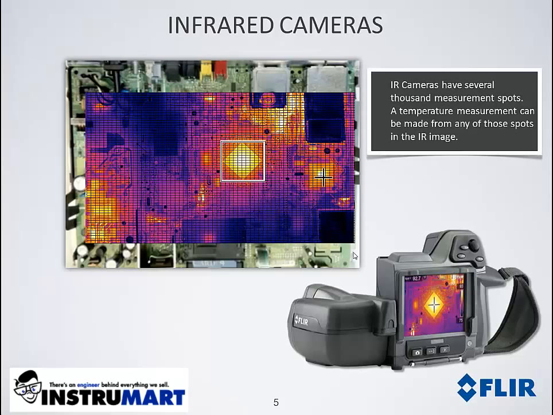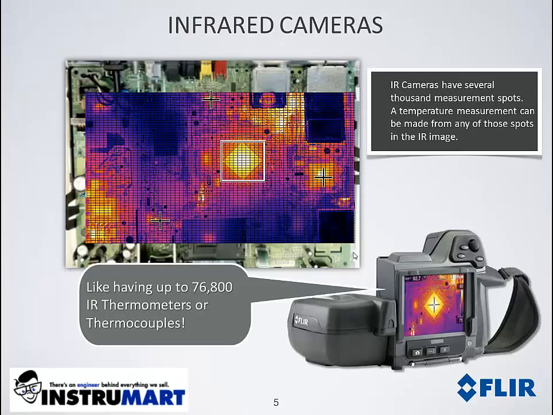I could also use spot tools to display the specific temperature values from any element within my image. In a way, my T420 camera is like having over 76,000 IR thermometers or spot pyrometers or thermocouples in the palm of my hand to make temperature measurements.